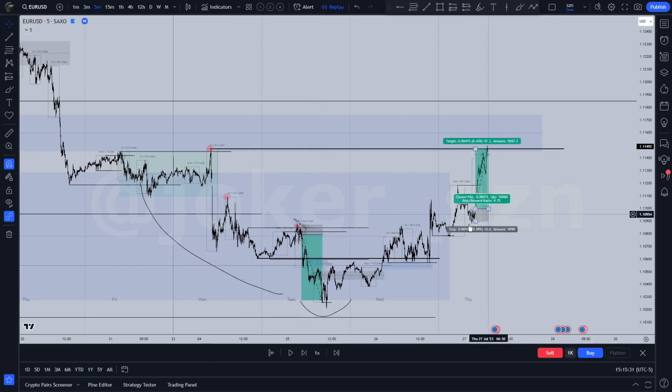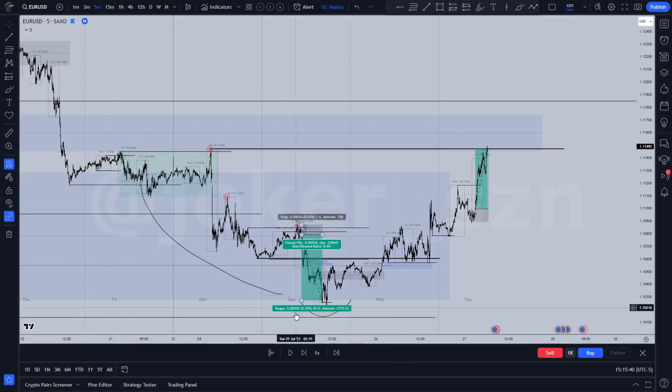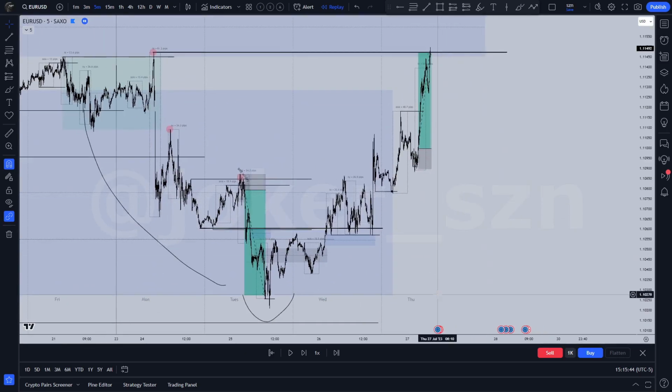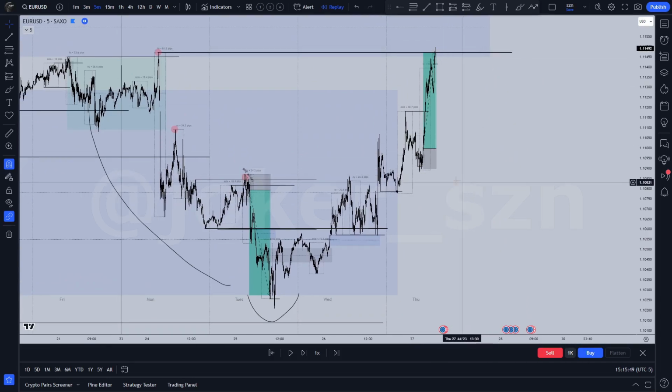And we also have all of those lows here. Also we completed the market maker buy model, right? We have the sell side of the curve here, and now we finished the buy side of the curve as well. So we might see now some reversal happening here.